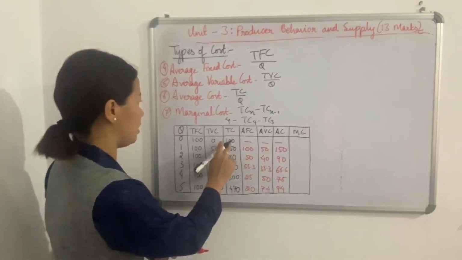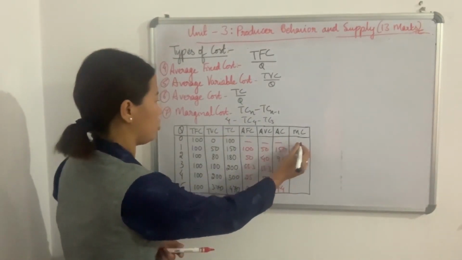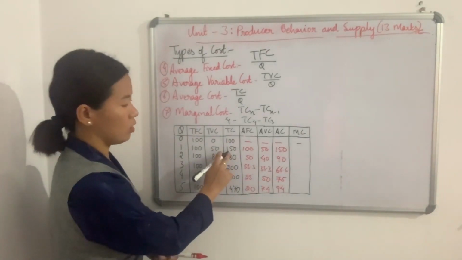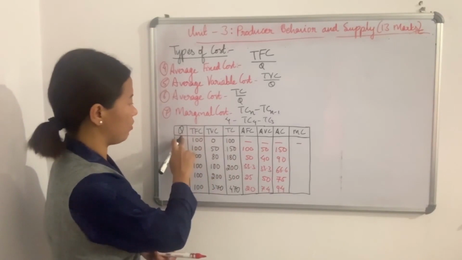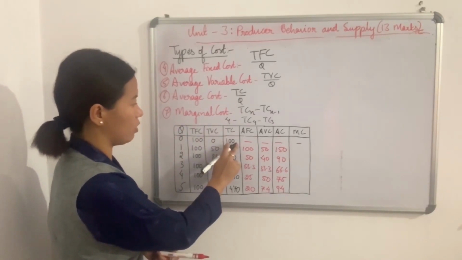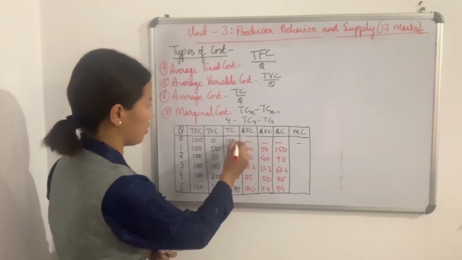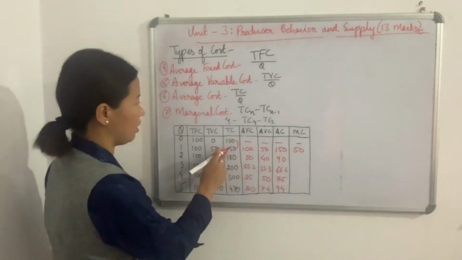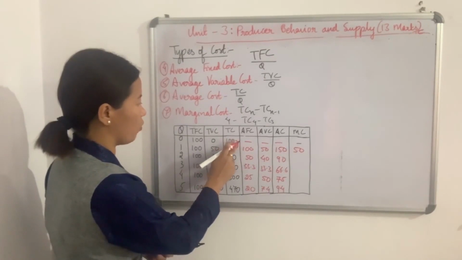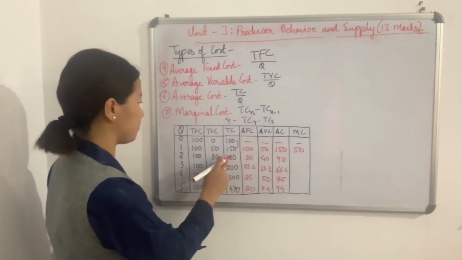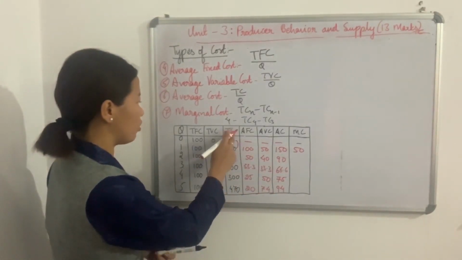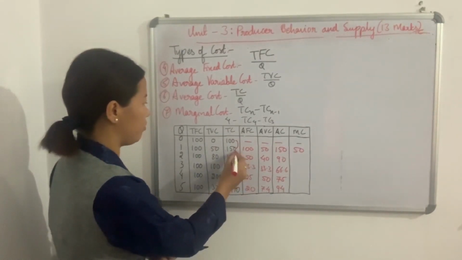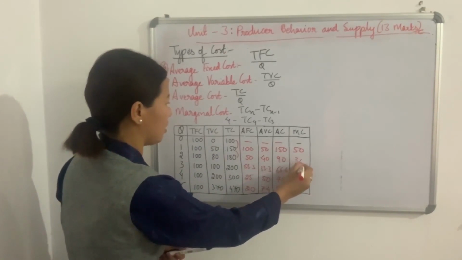So let's first find out marginal cost. First one is MC dash. Next, for 1 unit of production, total cost is 150. When there was no production, total cost was 100. So the change in total cost is 50. Next, total cost is 180, and the previous one was 150. So the difference is 30.